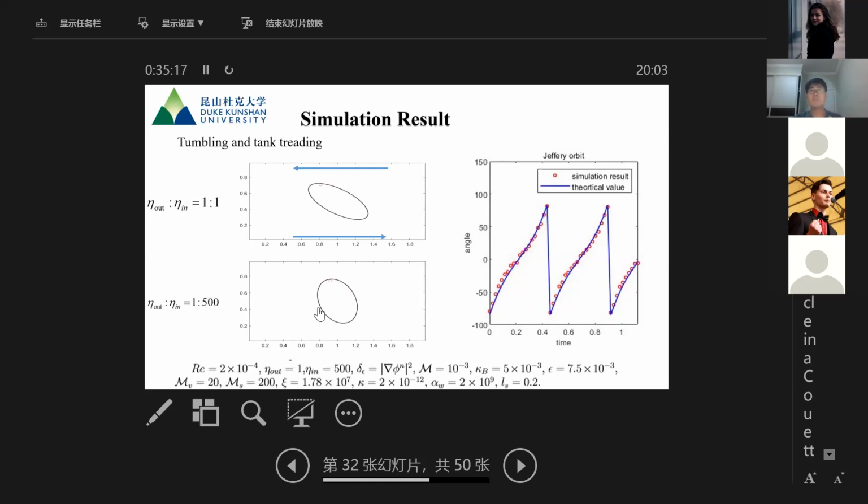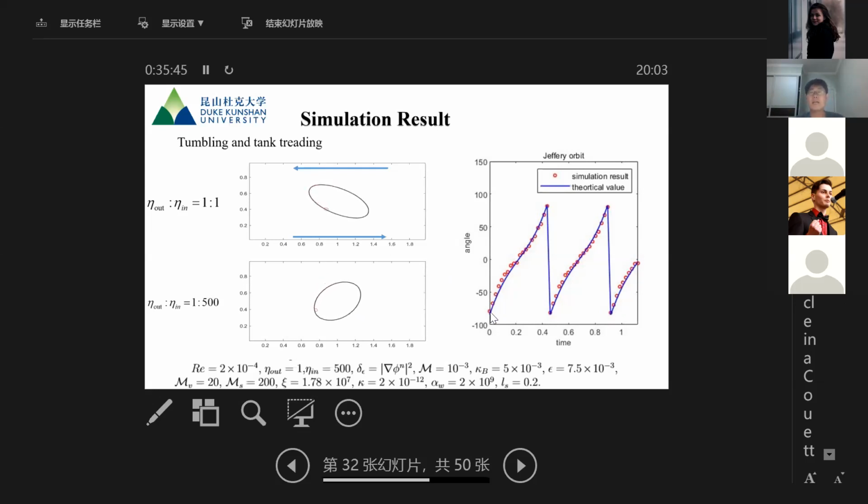For this tumbling motion of the cell, there is an analytical solution. For the given long axis and short axis of the cell, there is an analytical solution called the Jeffery orbit, okay? This is the time evolution of the Jeffery orbit of the angle, I mean the angle between the long axis of the cell and the horizontal of the experimental setup.